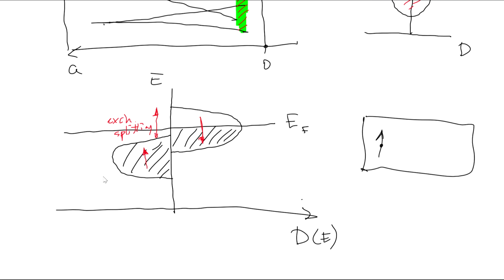When there are more electrons pointing in one direction, this is called the majority band, and this is called the minority band.